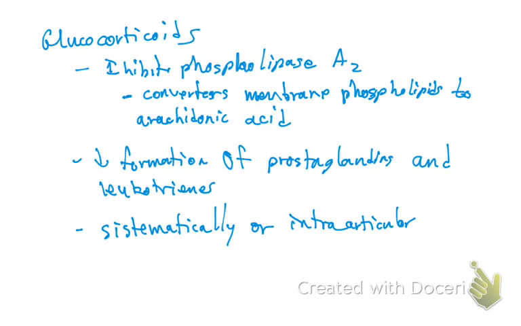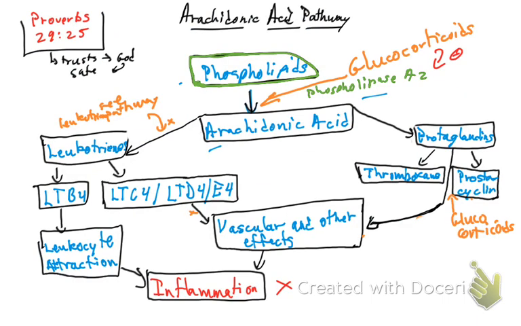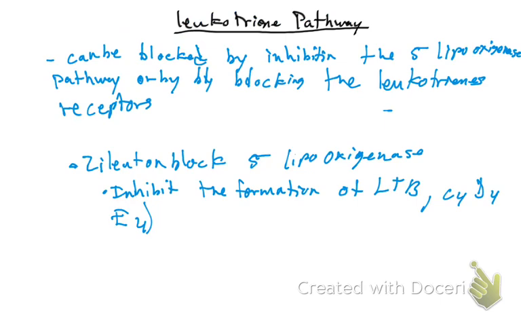In the pathway, leukotriene B4 is here, and C4, D4, and E4. Zileuton is going to block those by blocking the 5-lipoxygenase enzyme.